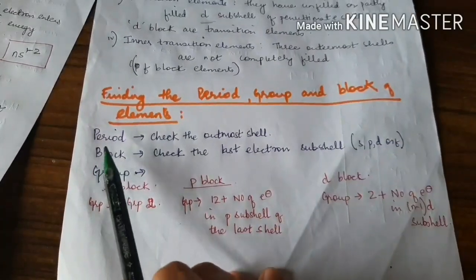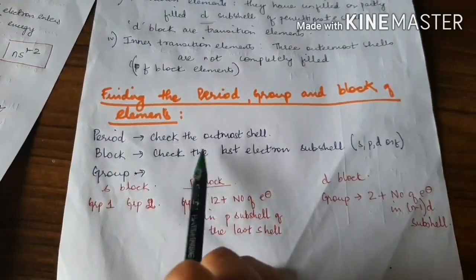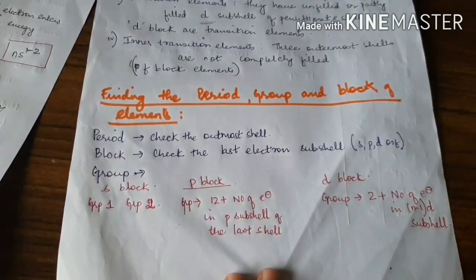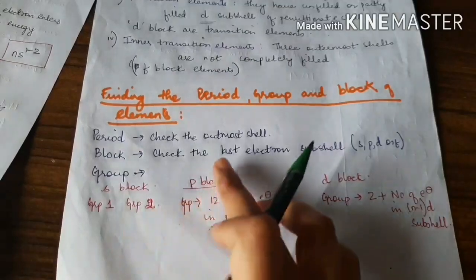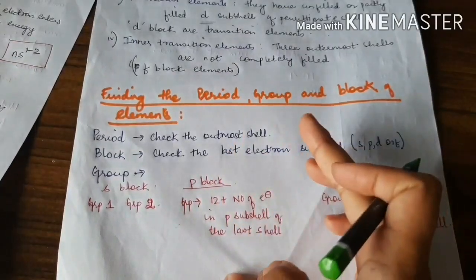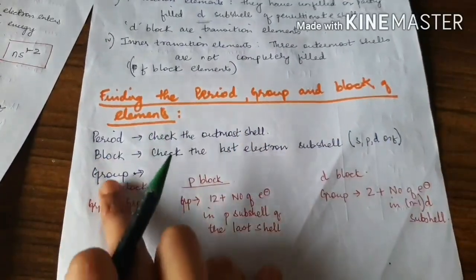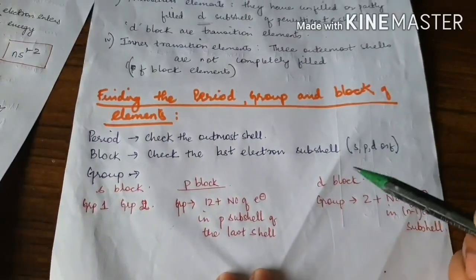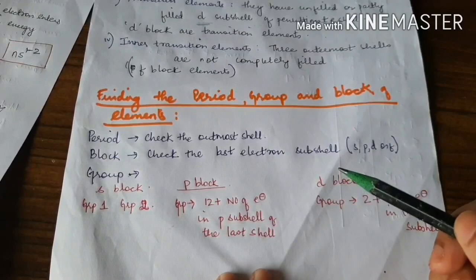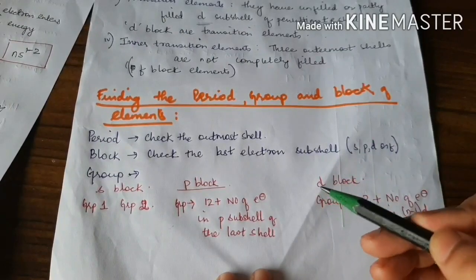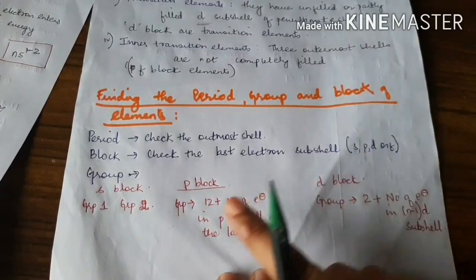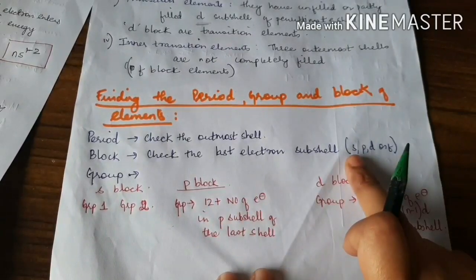So how to find the period? You have to check the outermost shell. Period means the number of shells, so if you check the outermost shell, you'll easily find the period. For the block, meaning S, P, D and F block, you have to see the last electron and to which subshell it enters. If it enters the S subshell, it is S block.